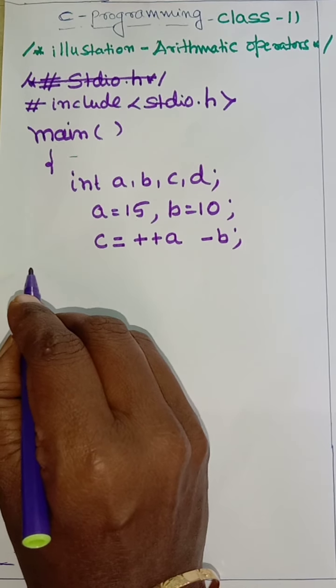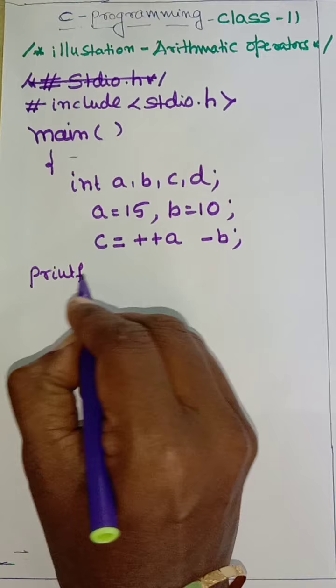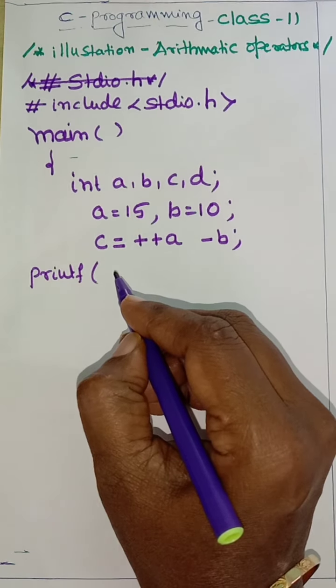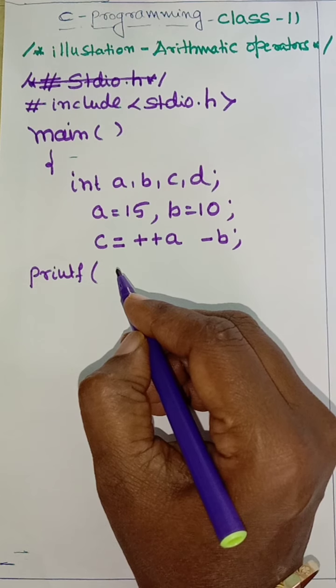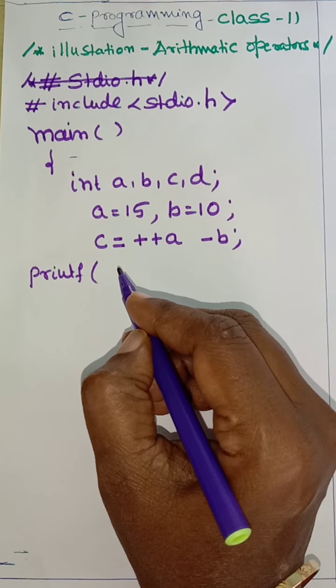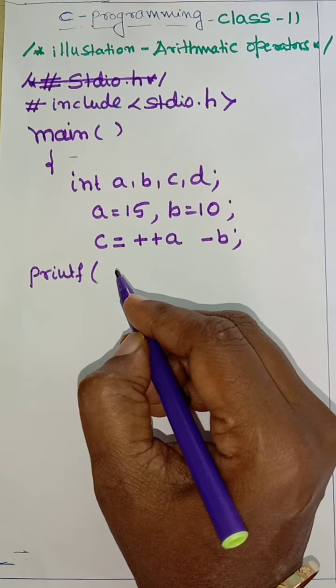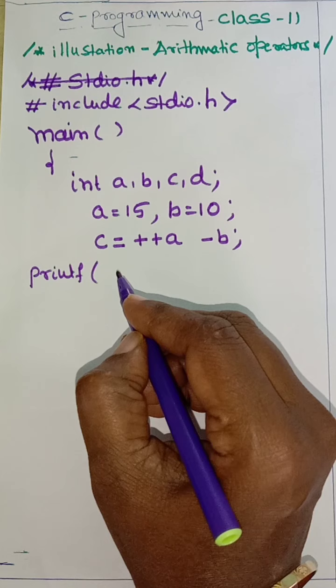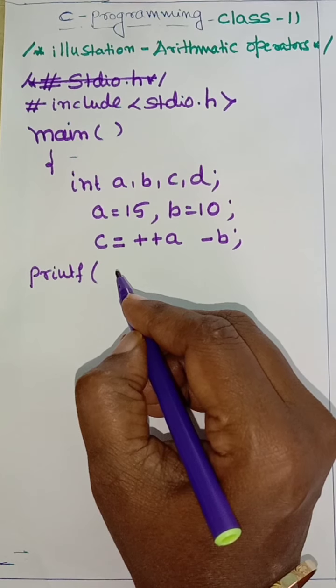Afterwards, my intention is to print all the values by taking printf. Here, I want to print the values of a, b and c. Afterwards, I want to write the expression for d, and next I am going to print the value of d.